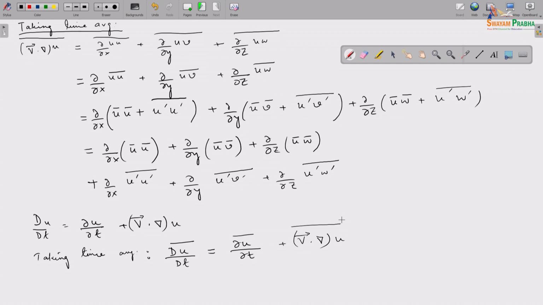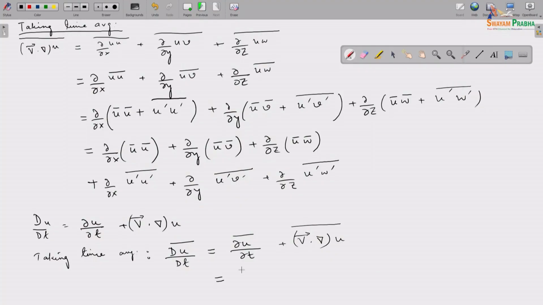Taking time average of the expression for total velocity, if I do that, then v dot del into u. That is exactly what we take the time average of.